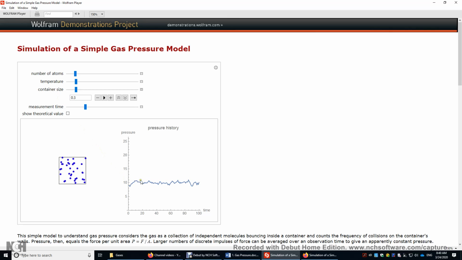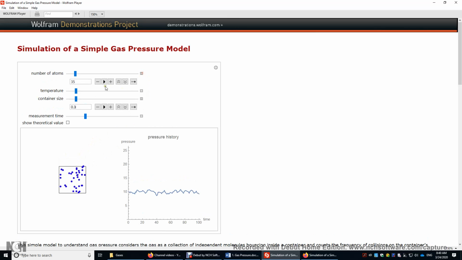You can tell the pressure goes up and down because pressure is a statistical average of all these pressures exerted by those gas particles. And then I will change the number of particles from 35 to 140.